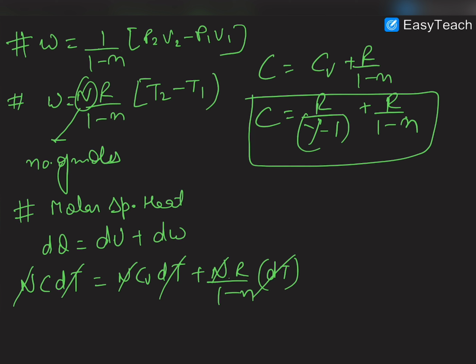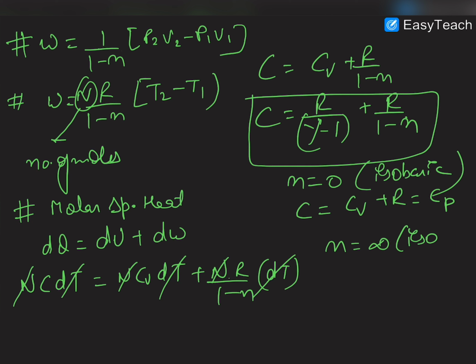You can also check it for all other processes. If n is equal to 0, it was isobaric process. So if n is 0, we can see that C will be equal to Cv plus R, so that is Cp. If n is equal to infinity, that was isochoric process. If you substitute the value infinity here, then 1 upon infinity will be 0, so C will be equal to Cv.